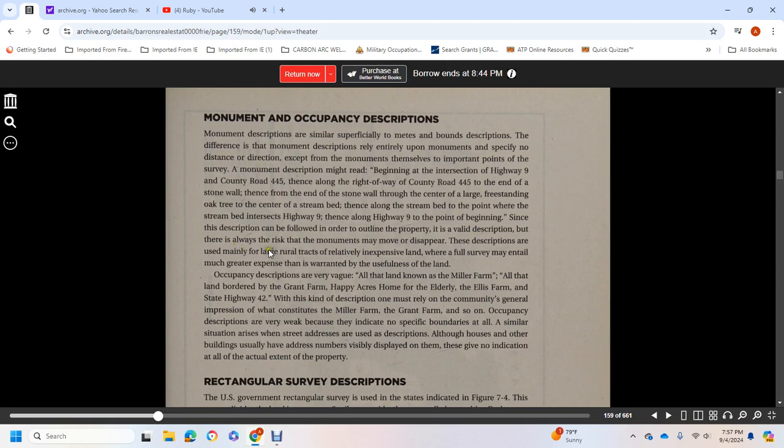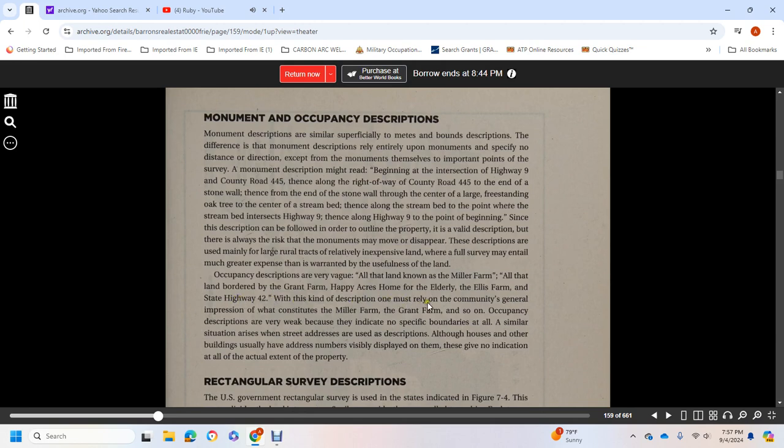These descriptions are usually used for large rural tracts, relatively inexpensive land where a full survey may entail much greater expense than warranted by the usefulness of the land. Occupancy descriptions are very vague. For example: all the land known as the Miller Farm, bordered by the Grant Farm, Happy Acres, home of the elderly Ellis family, Ellis Farm, and State Highway 42.